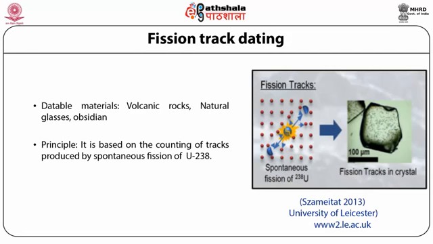It creates tracks in the crystal lattice which are 15 to 20 micrometers long. These tracks are counted and dates are calculated. The datable range is from 20 years to 5 billion years.